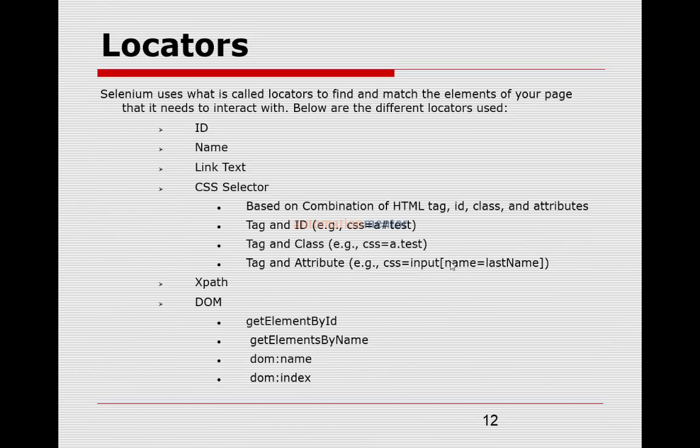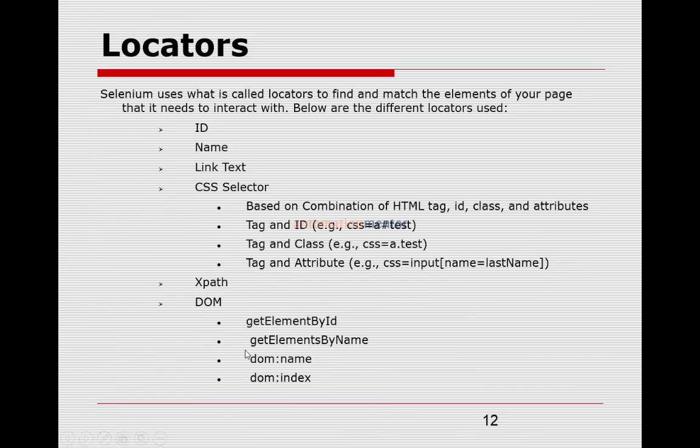Also, there is another way of identifying an object using XPath. XPath is nothing but the hierarchy of the element which is located on that particular page, right from the root element to the leaf of that particular element. We use the XPath, or we have a DOM, the document object model.